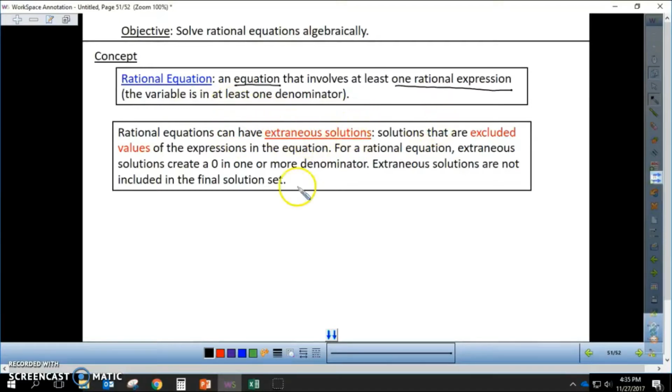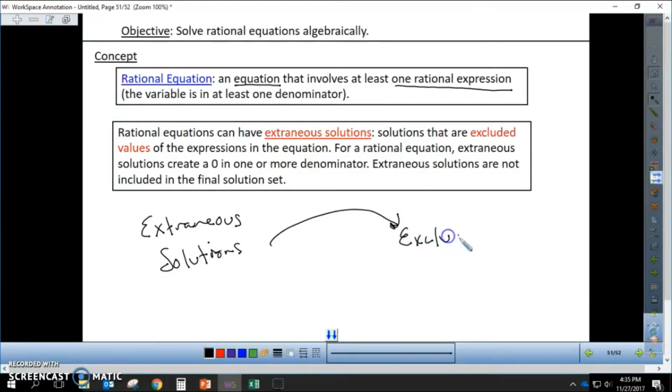Rational equations can have extraneous solutions, and remember that these extraneous solutions are solutions, aka answers, that we plug in, and they are just excluded values that we do not include, because excluded values make the denominator a zero. And remember, we cannot divide by a zero.